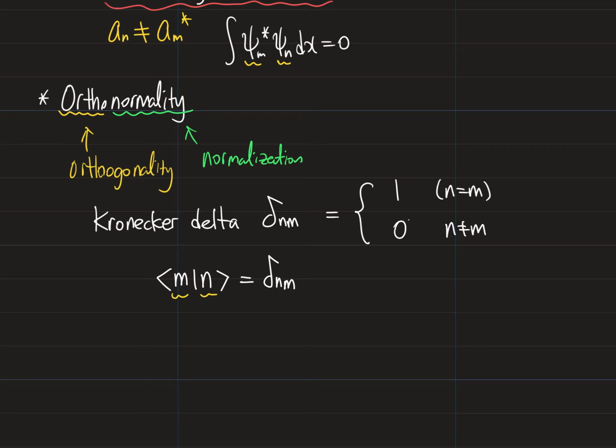When we have the same function, this represents the normalization condition. If these two functions are different, then this condition expresses the orthogonal condition. Okay, so now we understand the orthonormality, and let's move on to the next page to discuss the degenerate system.